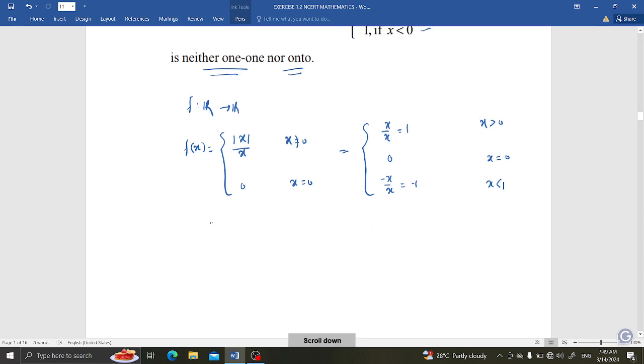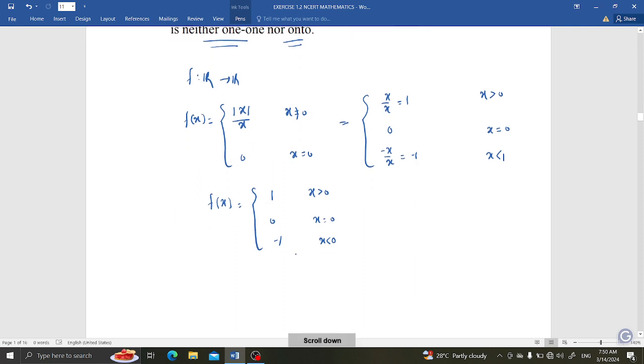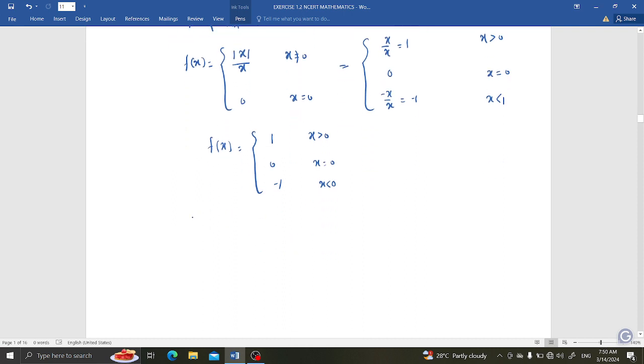That's why our function is: if x greater than 0, 1; if x equal to 0, 0; and if x less than 0, minus 1. I hope you understand this one. Okay, how can we draw this graph? We can also observe one thing.